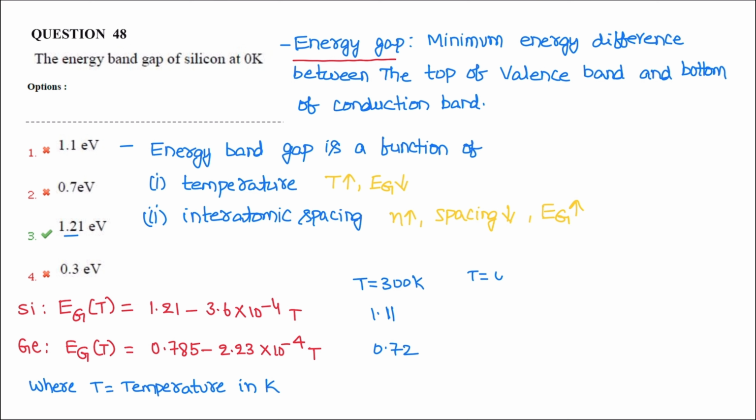At T is equal to 0 Kelvin, silicon energy band gap is 1.21 electron volts, and for germanium it is 0.785 electron volts. In the question, the energy band gap of silicon at 0 Kelvin is 1.21. So option 3 is the correct answer.